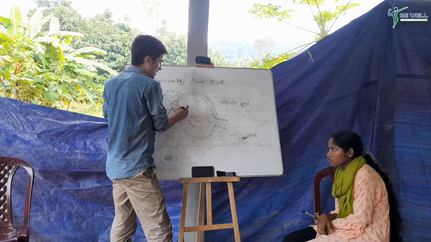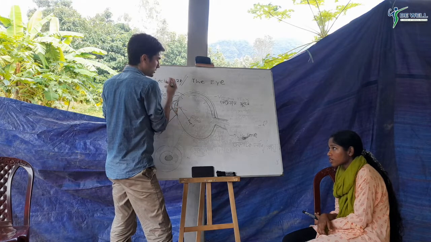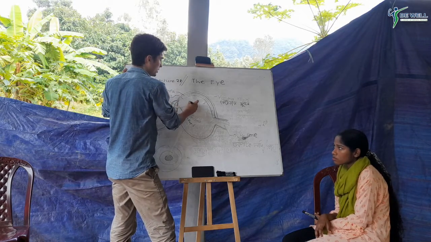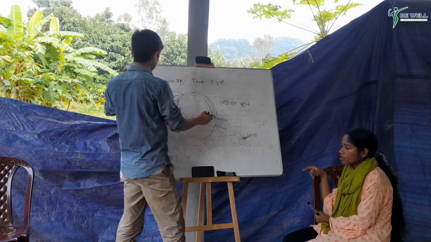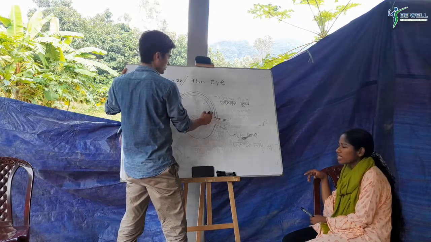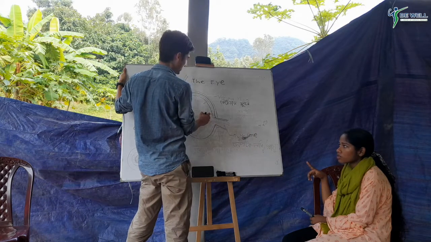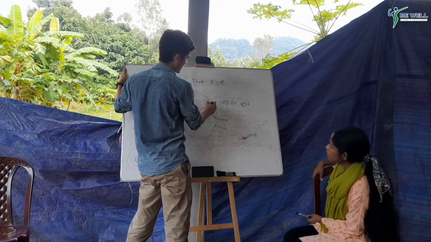Then inside the eye it will converge, it will merge together, and then it will hit the back of the eye. You will see it in the back of your eye. So you see it upside down.